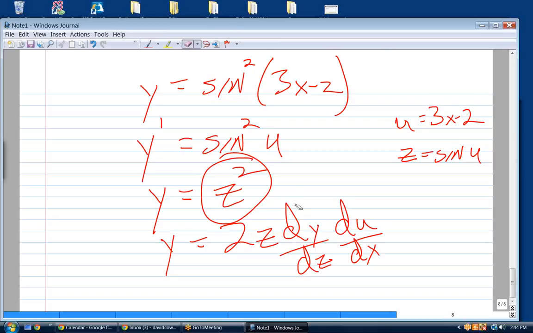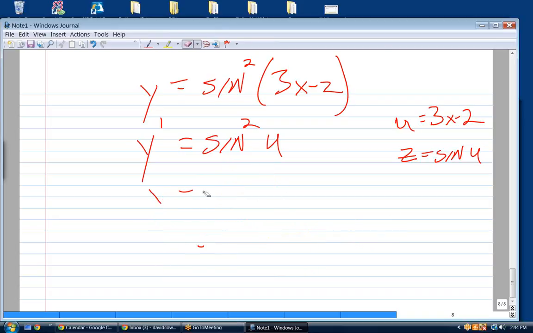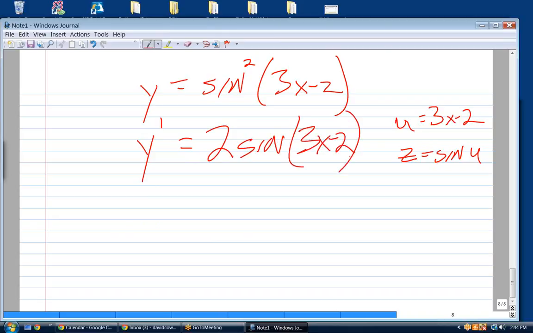So, in other words, where we get to, by the time we've done all that, is y prime is going to be equal to 2 sine of 3x minus 2. That's the derivative of the outside.